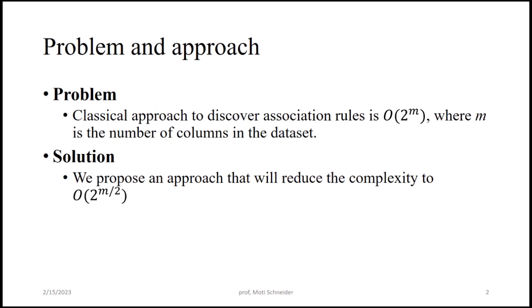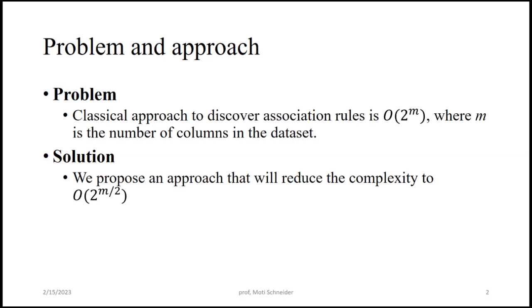So the basic idea of association rules is that the problem with association rules today is that the complexity of finding association rules is 2 to the m, where m is the number of columns or variables in a database. So if you have a very large database, then practically it is impossible to find the association rules.